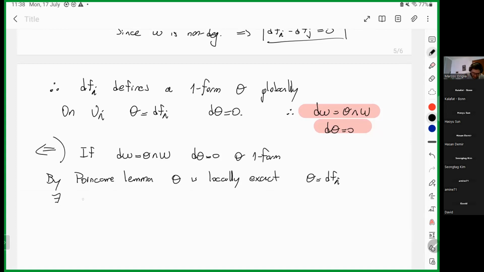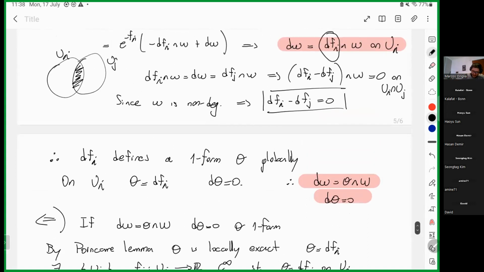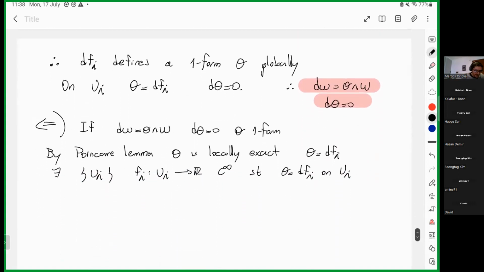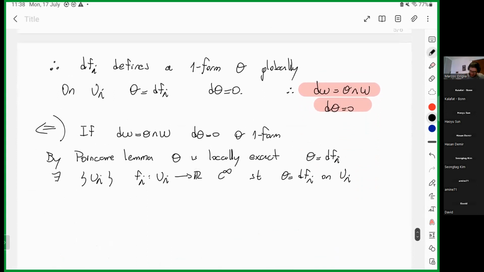So there exists an open cover Ui and these smooth functions φi by the Poincaré lemma, such that θ is dφi on Ui, right? And if you go back from this equation, it's easy to see that this φi satisfies the condition in the definition.